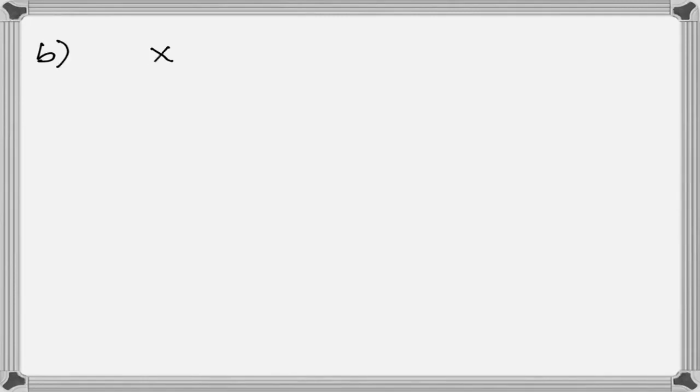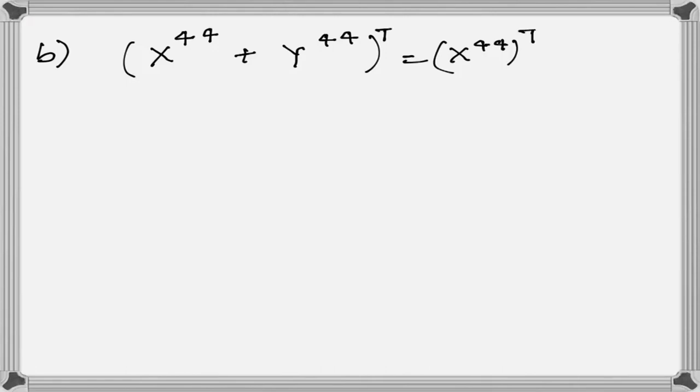Here we need to investigate x to the power 44 plus y to the power 44. So let's take a transpose. This is equal to x to the power 44 transpose plus y to the power 44 transpose.